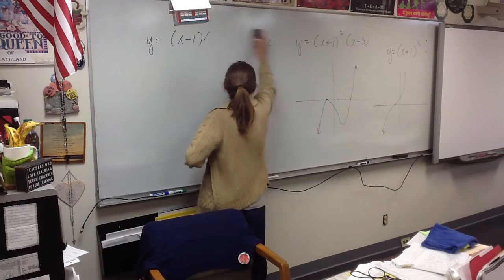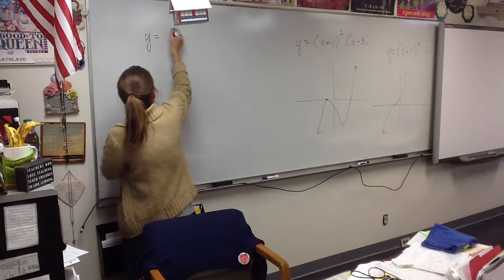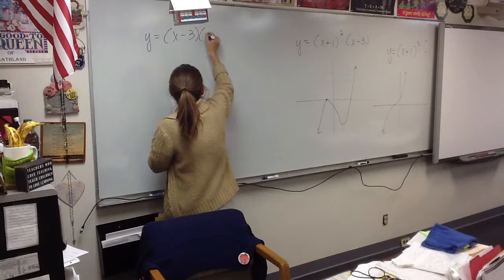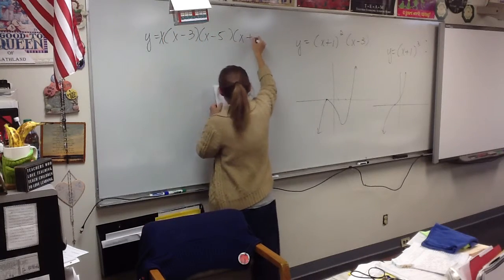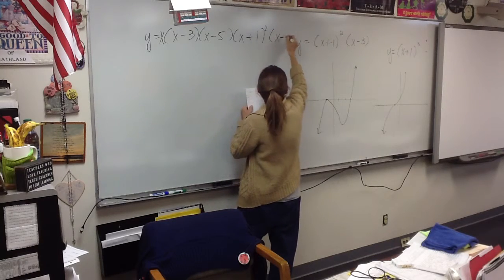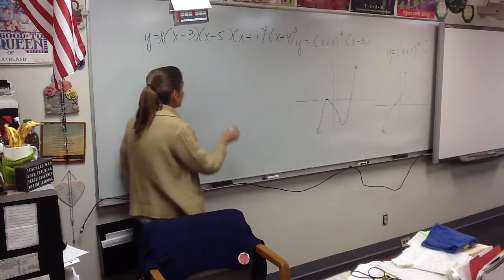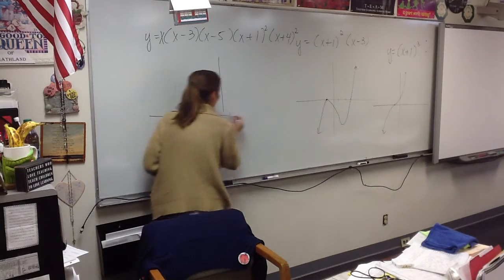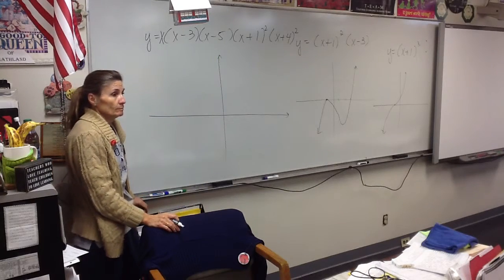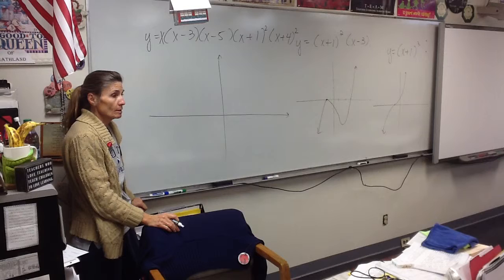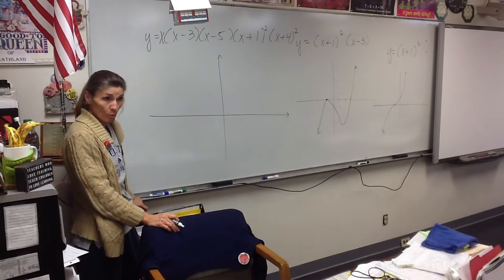Without your calculator now, just based on what you have observed up to this point, I want you to sketch this polynomial. Now, he is a monster. But you are going to sketch this without a calculator. Before you do anything else, you're probably going to plot a few points, right?